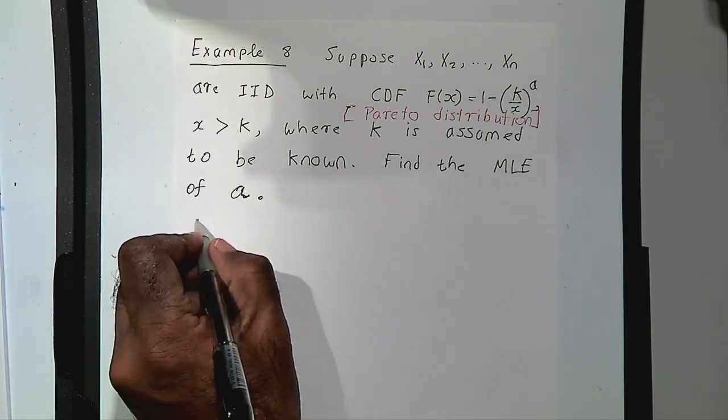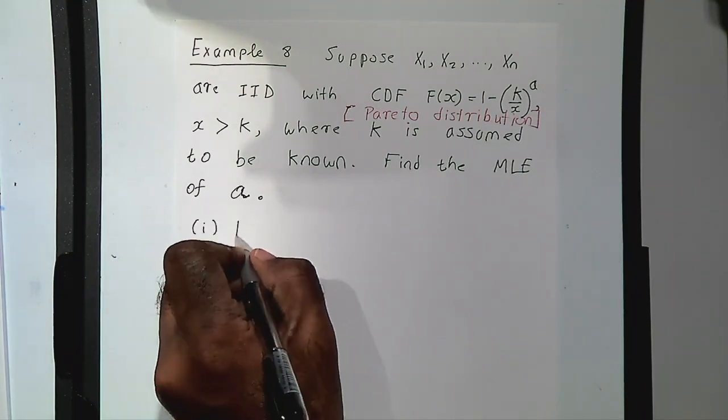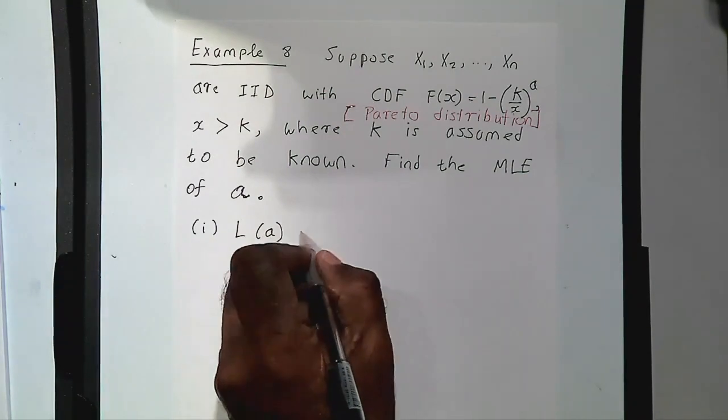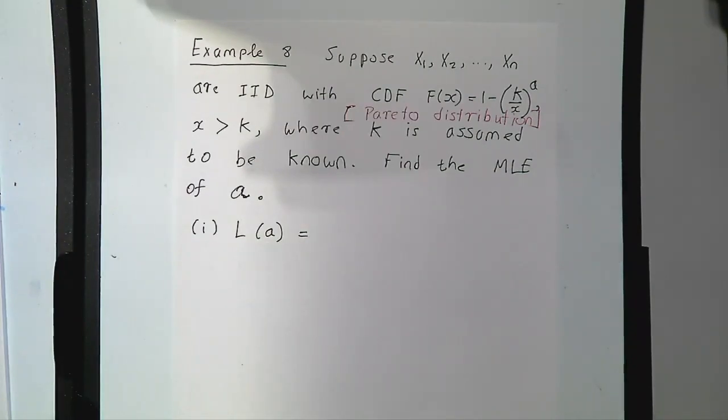So the first thing to do, come on guys, please listen. Now, the first thing to do is to write down the likelihood function of A, because we are assuming the parameter K is known. So we need to estimate only A, not K, all right?